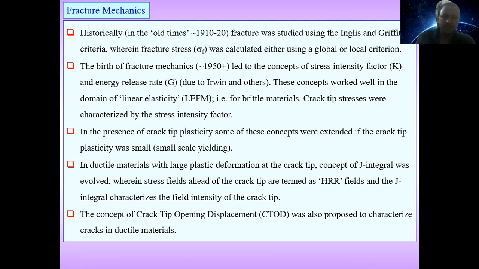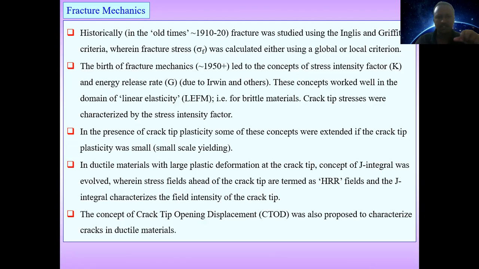So historically, in 1910 to 20, fracture was studied by Inglis and Griffith. These are two scientists who began fracture mechanics, and they are called fathers of fracture mechanics. The fracture stress sigma f was calculated using either global or local criteria.